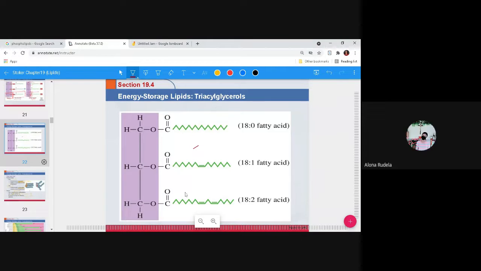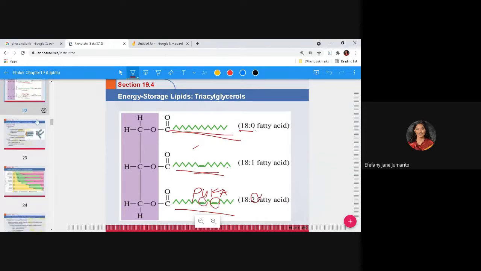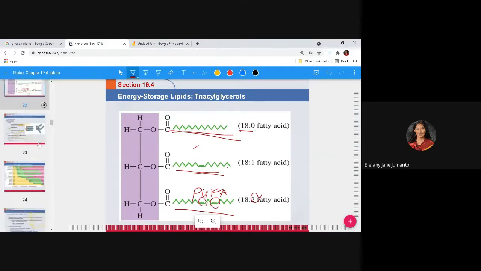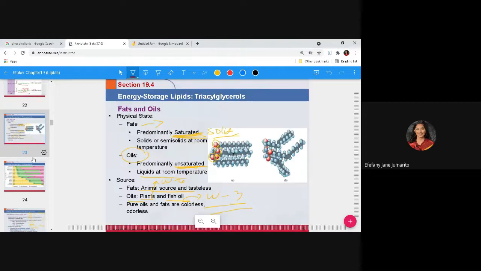No, it's not the same. We have this one which is saturated, 18:0. Then we have this one, 18:1, so monounsaturated. And what about the third fatty acid? It's polyunsaturated because of two double bonds. So they can differ in class.